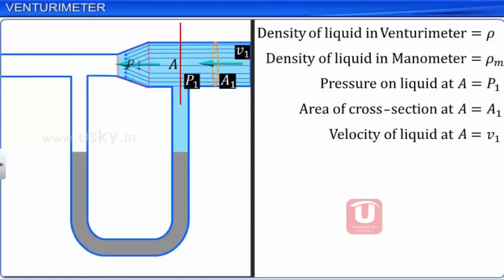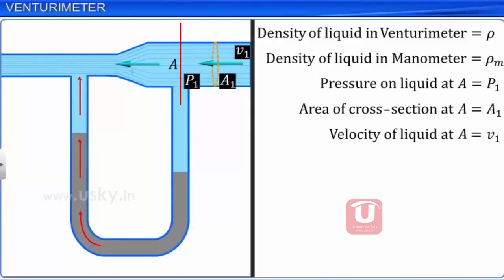This decrease in the pressure at the constriction creates a vacuum and sucks up the liquid in the manometer limb. Therefore, the liquid in the manometer limb connected to the constriction rises.